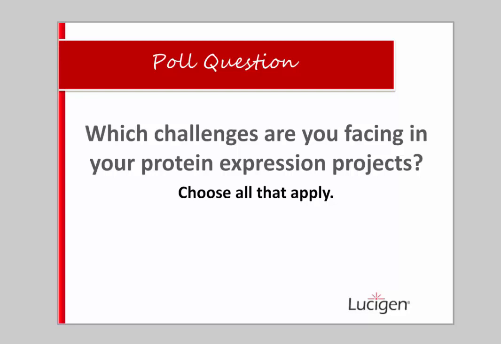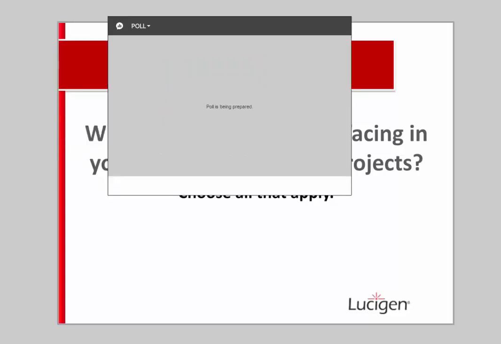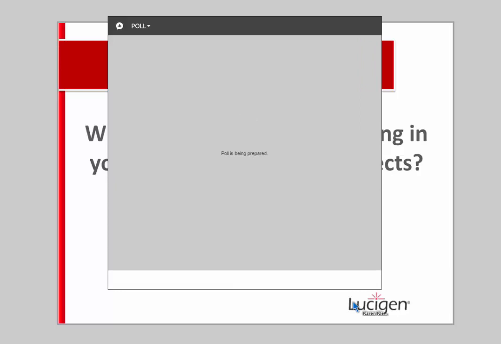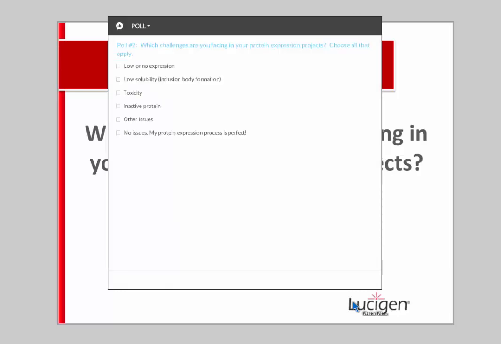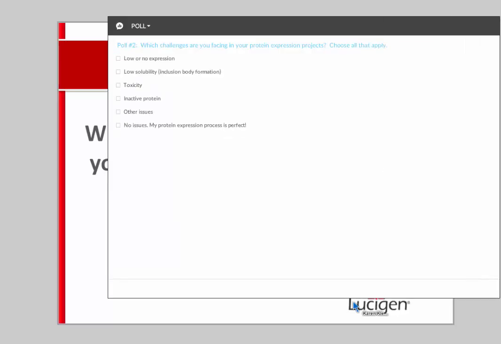Okay, second question. Which challenges are you facing in your protein expression projects? Again, please choose all that apply to your research. And we have low or no expression, low solubility, toxicity, inactive protein, other issues, or no issues.